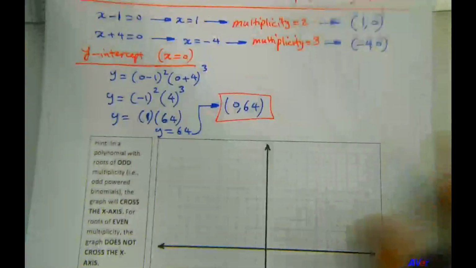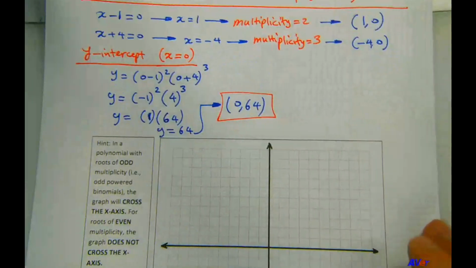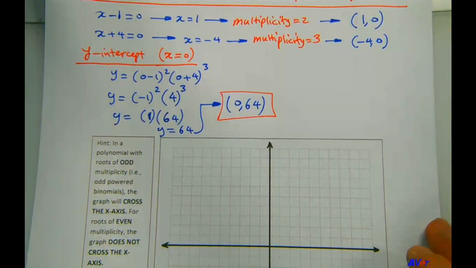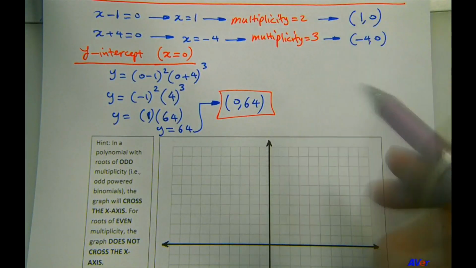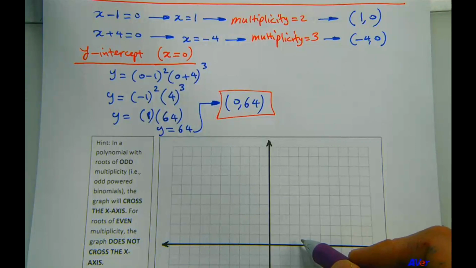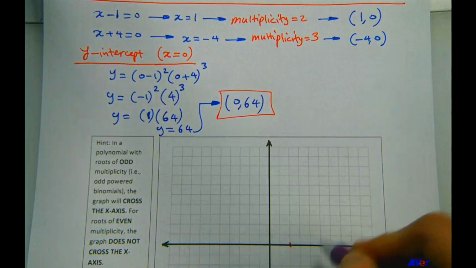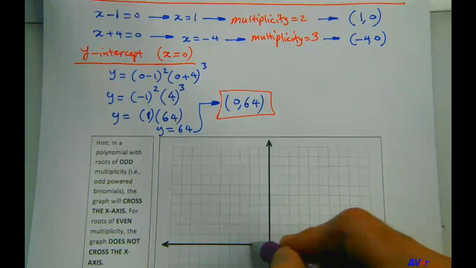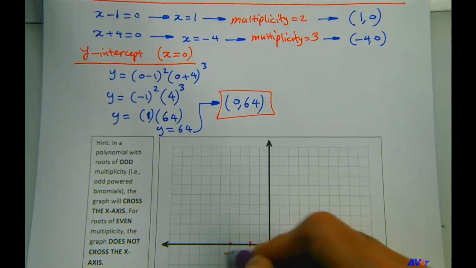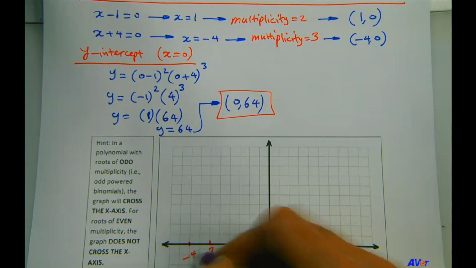Let me move this up as much as I can. At some point I have to move this page up, otherwise you won't see the graph. But let's plot what we can. So 1, 0. Let me increment this as 1, 2, 3, and then negative 1, negative 2, negative 3, negative 4.